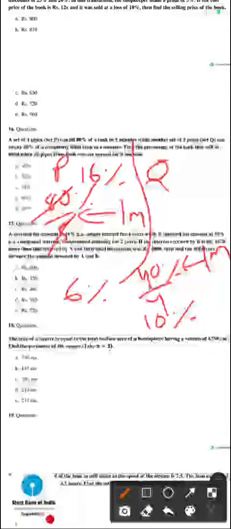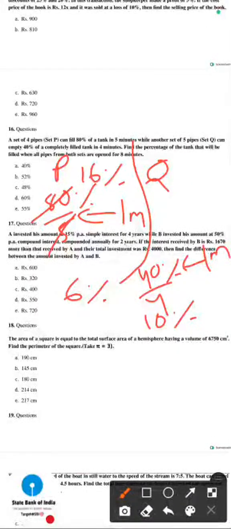They are both opened together, and the question says to find the tank that will be filled when both sets of pipes are opened for 8 minutes. For 1 minute when all the pipes are opened, 6% of the tank will be filled, so for 8 minutes, 8 into 6%, which will be 48%.